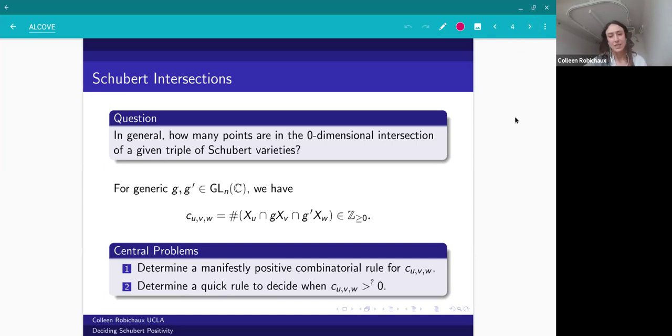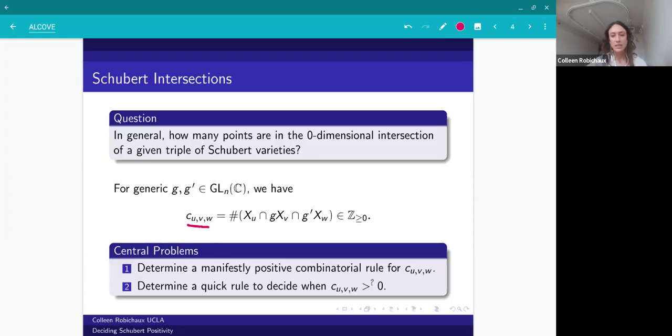And so that leads us to some central questions in Schubert calculus. So first, right, we know that these, I'll call these Schubert structure constants here, are non-negative integers because they're counting some number of points in this intersection. And so we could ask, could you find a combinatorial rule to compute these coefficients that is manifestly positive?